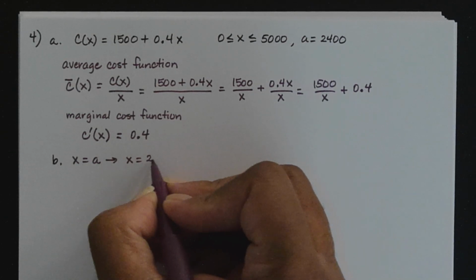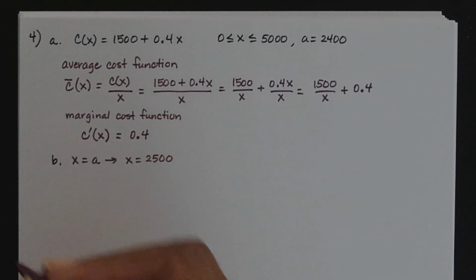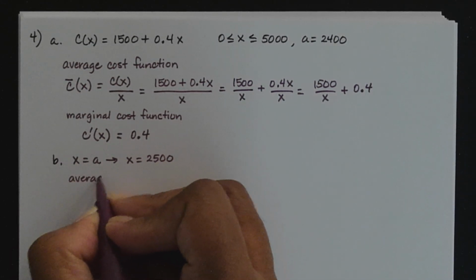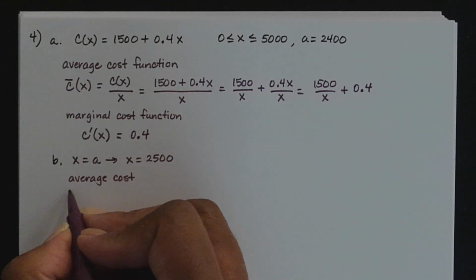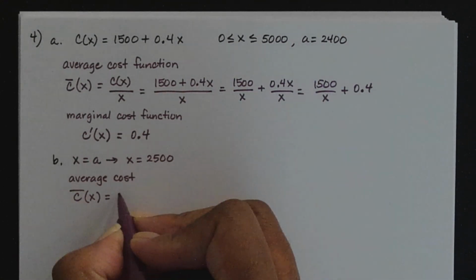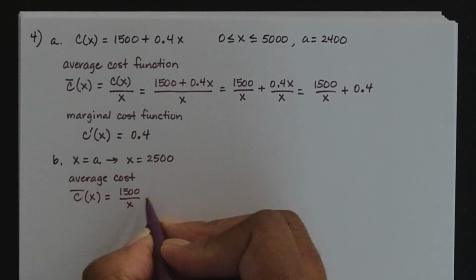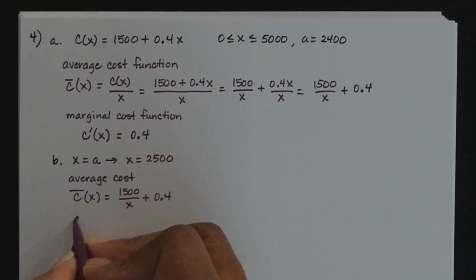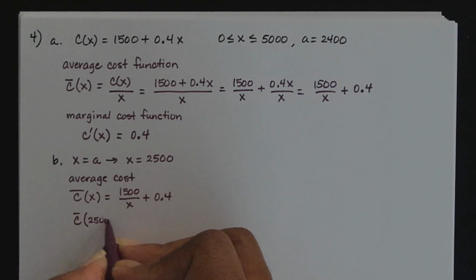So that means x will be equal to 2,400. Now we can find the average cost. We got c bar of x being 1,500 divided by x plus 0.4. So we substitute the x for 2,400.